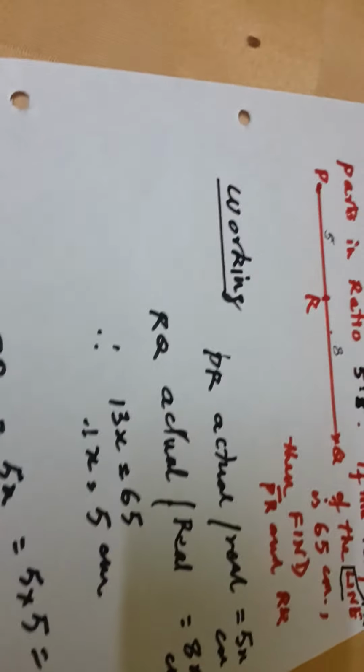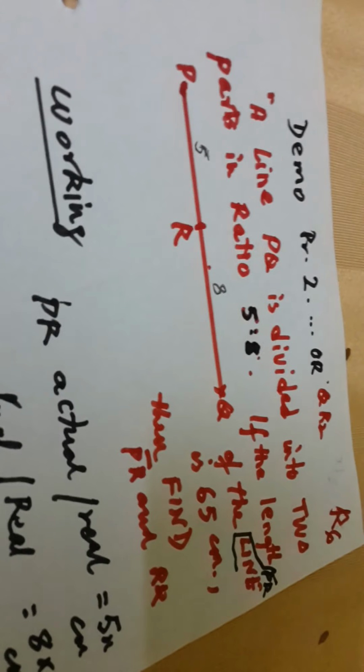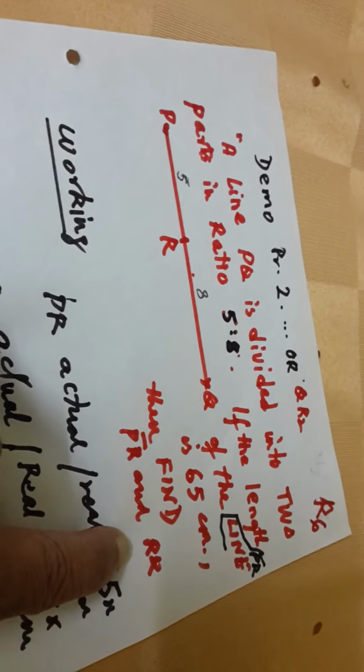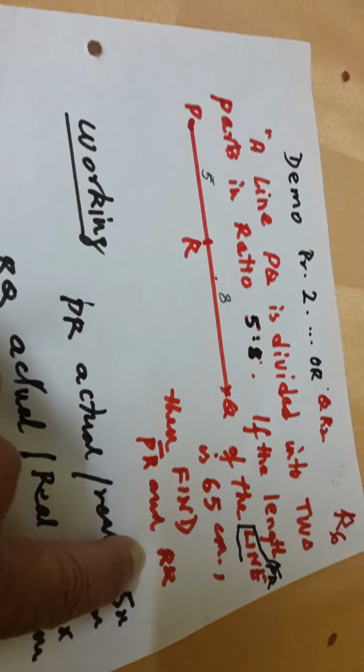Then you can find the rest. See the question: the line PQ is divided, etc. Find PR and RQ. So PR is 5 parts of the x which you have just determined, and RQ is 8 parts, okay.